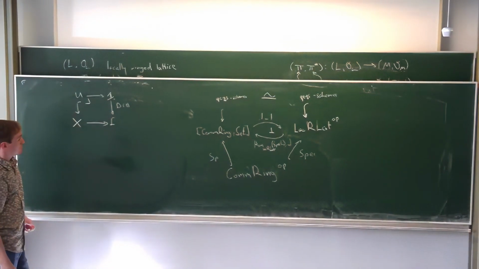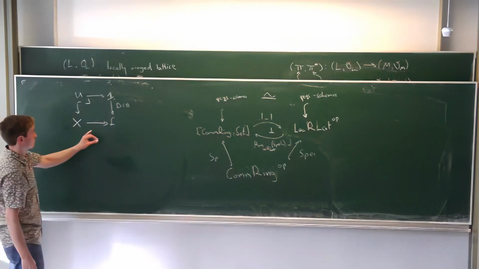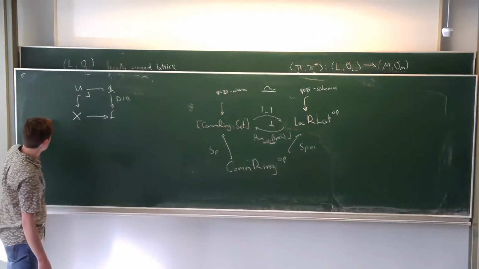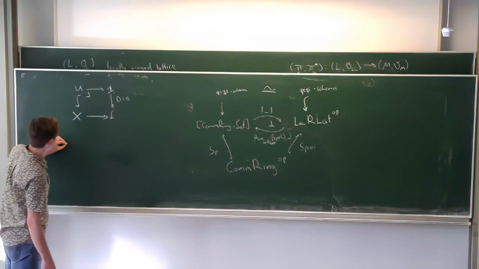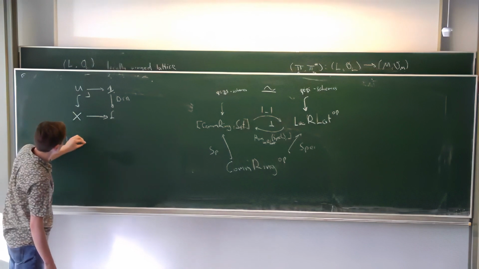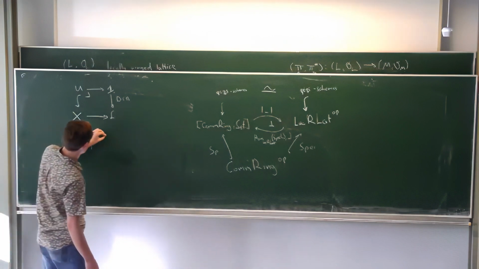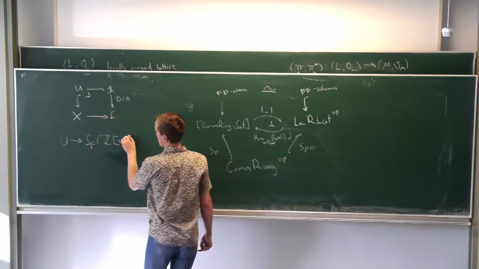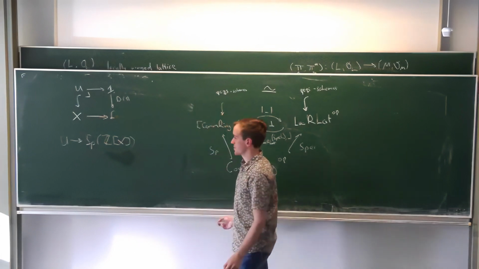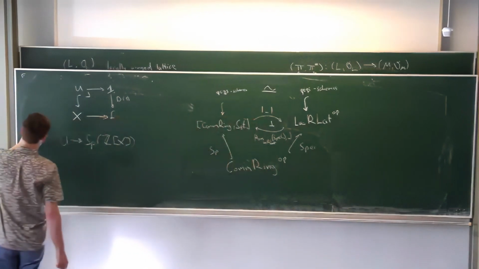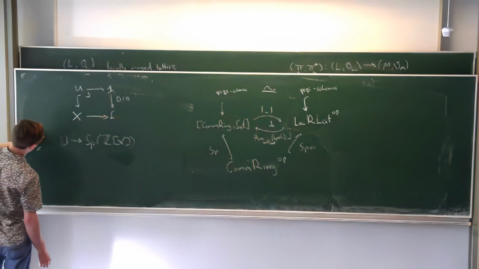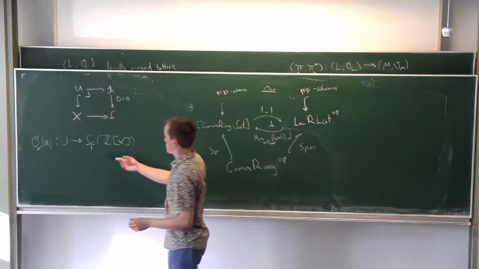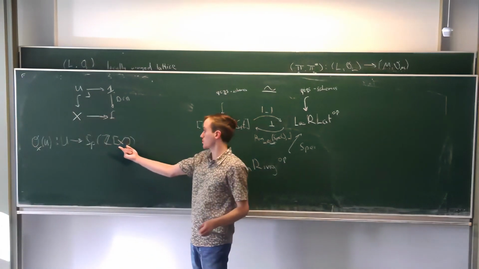And the structure sheaf is then recovered as natural transformations from U into the representable of the polynomial ring with integer coefficients.